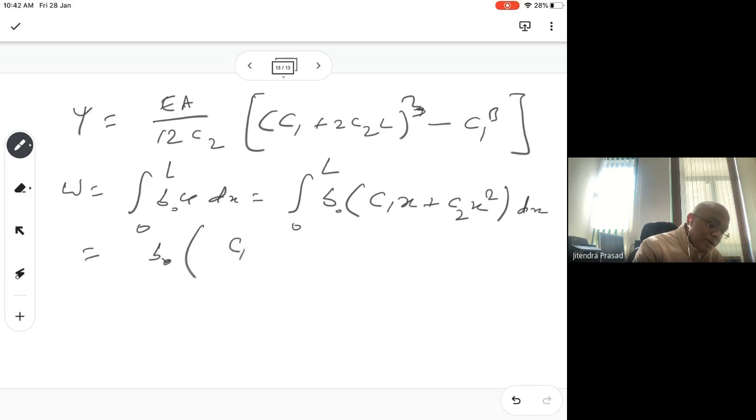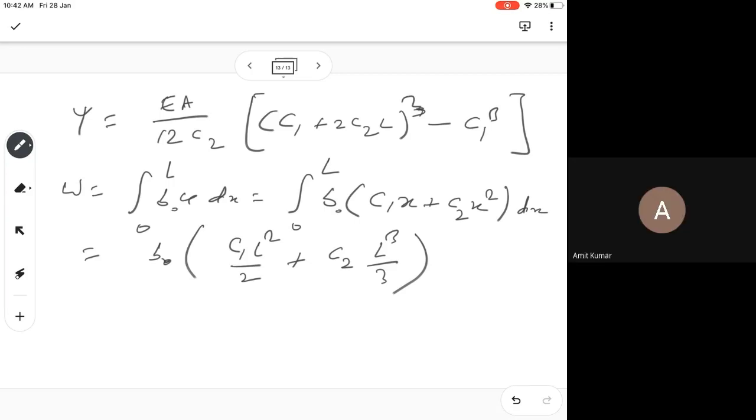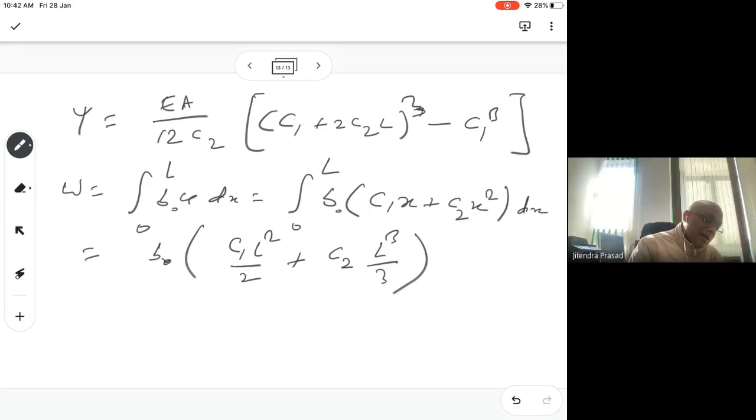Then we have C1 L square over 2 simply, plus we have C2 L cube over 3. This is what it will look like.